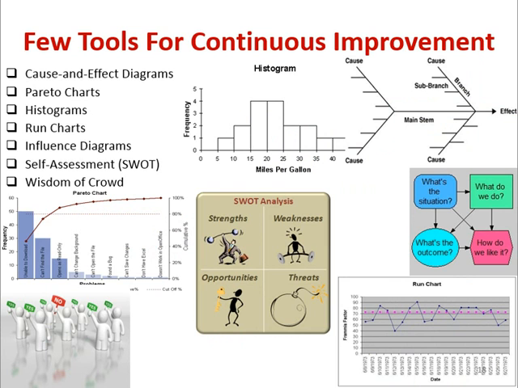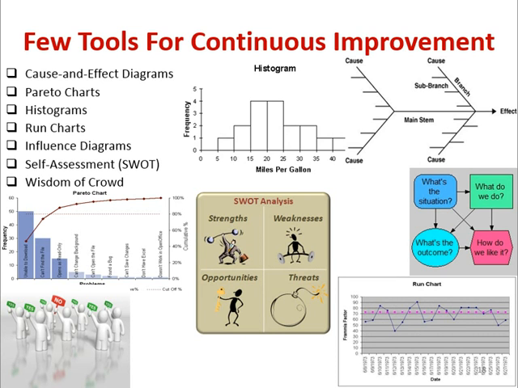A few more in the list are cause and effect diagrams, which are the fishbone diagrams or Ishikawa diagrams. Then we have the Pareto charts, that is the 80-20 rule. Then the histograms, run charts, influence diagrams, SWOT, which is a kind of self-assessment, and wisdom of the crowd. SWOT, as you are commonly aware, is strengths, weaknesses, opportunities and threats.